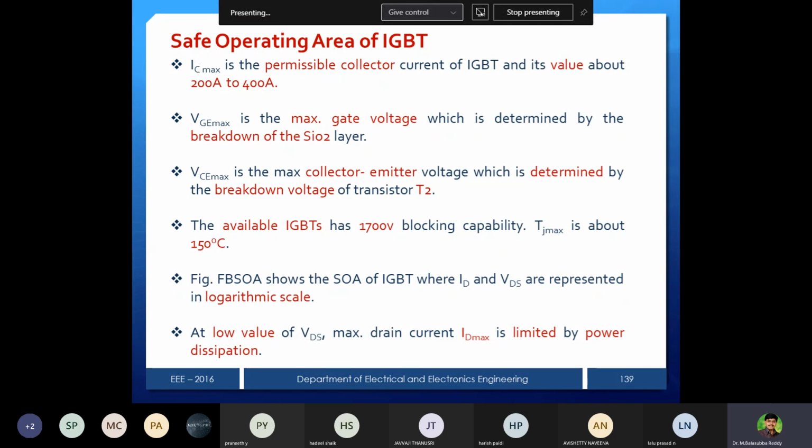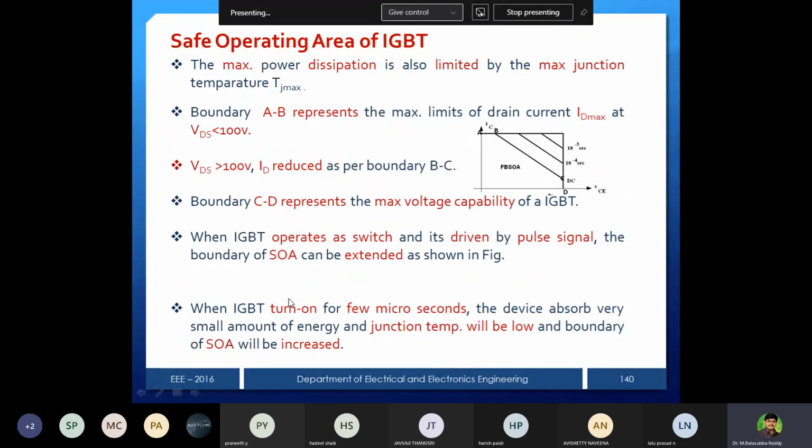The collector to emitter maximum voltage is determined by the breakdown voltage of the transistor. Similarly, the IGBT has 1700 volts blocking capability, and the maximum junction temperature is about 150 degrees centigrade. We will see the forward case as well as the reverse breakdown case of the safe operating regions.